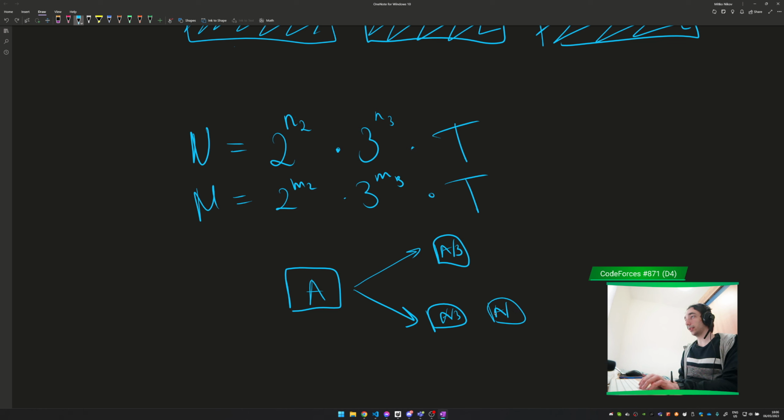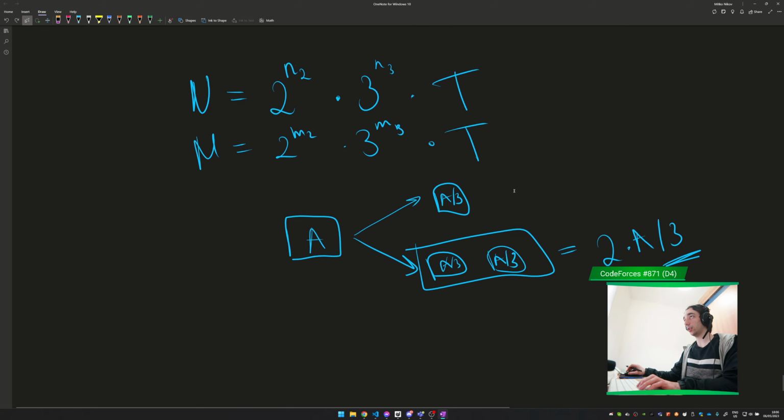So we essentially converted integer A into an integer with 1/3 less, and the other pile is 2 times A divided by 3. What does it mean? It means that you have 1/3 less but 1/2 more.